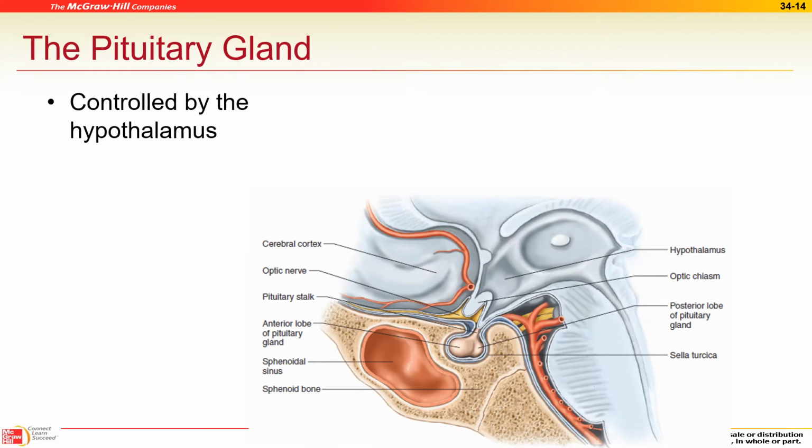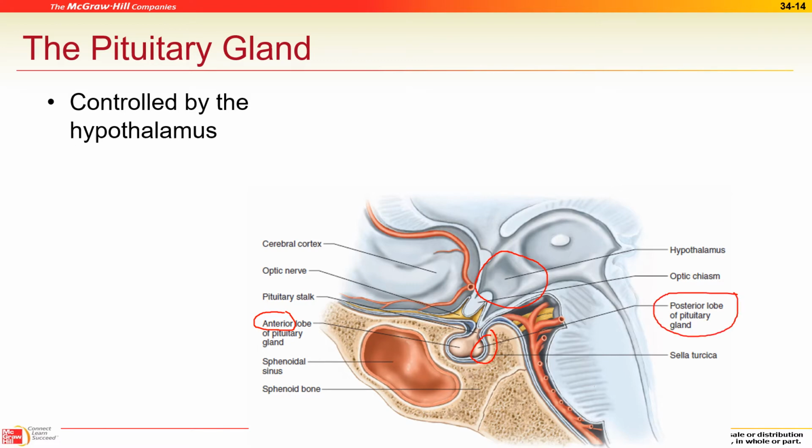The pituitary gland. So here we have the hypothalamus, the posterior pituitary, and then the anterior. The anterior pituitary is more of glandular tissue. So this is the neurohypophysis.